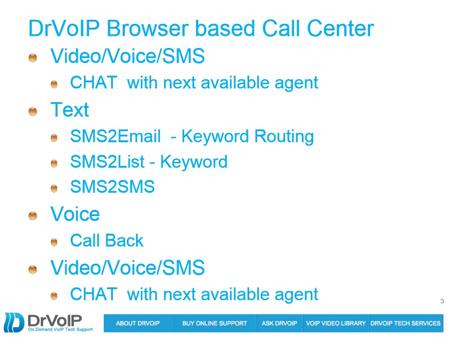One phone number can support many email addresses. It's the keyword, the first word in that text, that causes the text to be routed to the next available email. And there is a no-keyword option: if someone sends a text with no keyword, it goes to a default email address.